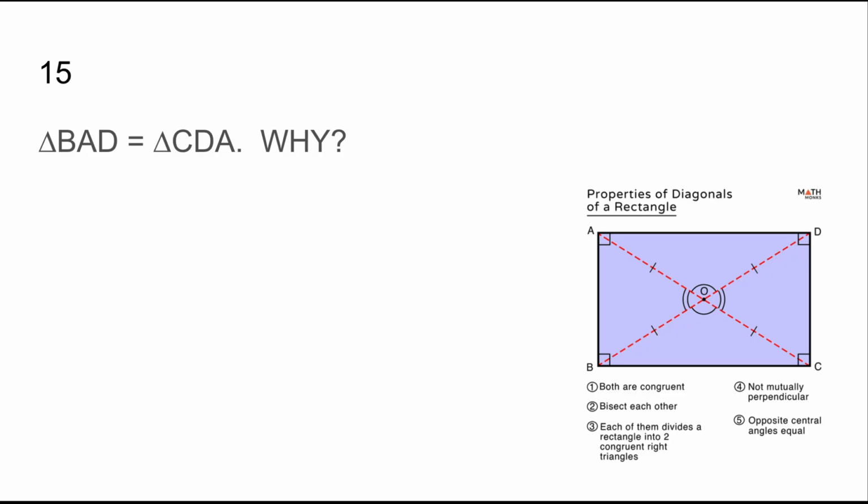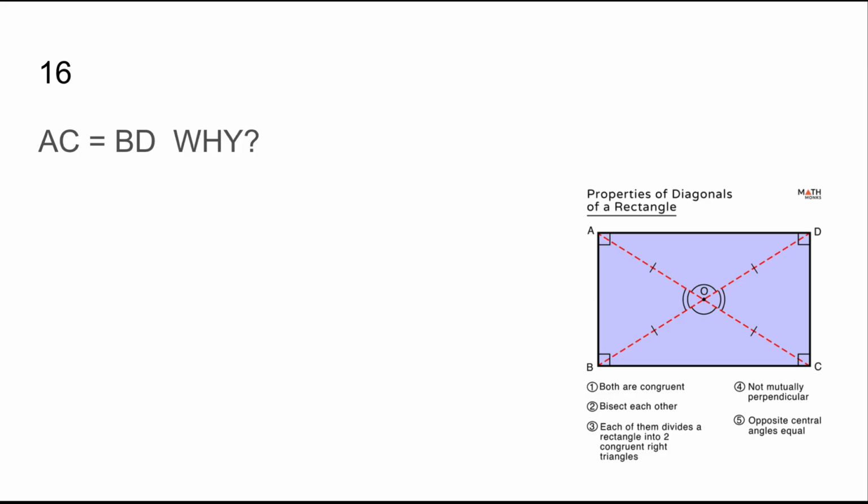Triangle ABD, so this top triangle, is equal to CDA, so this top right triangle. Why is this true? Well, they have equal sides, they have equal angles, therefore, side angle side.